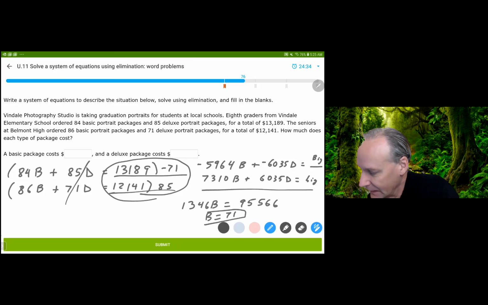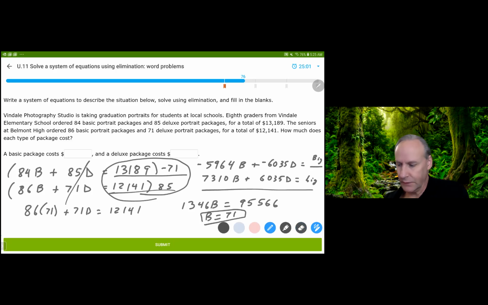And putting the 71 in here, 86B plus, oh, I should actually put the 71 there, shouldn't I? Plus 71D is equal to the 12,141.